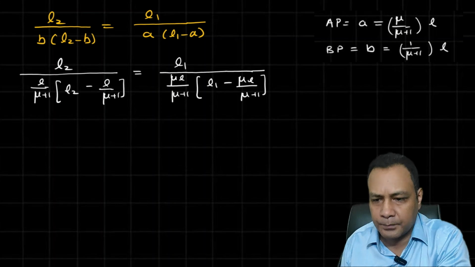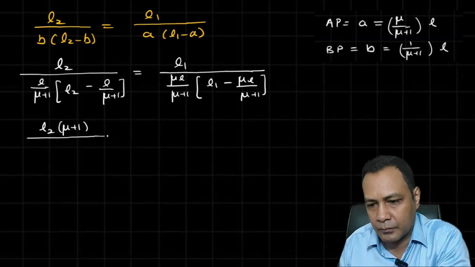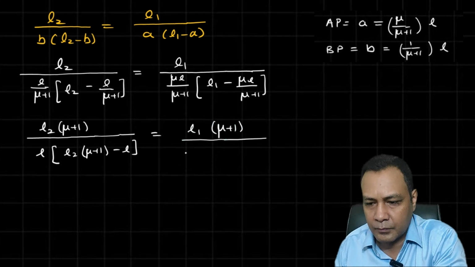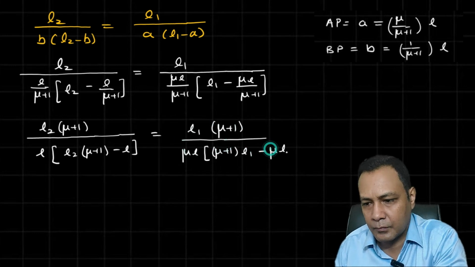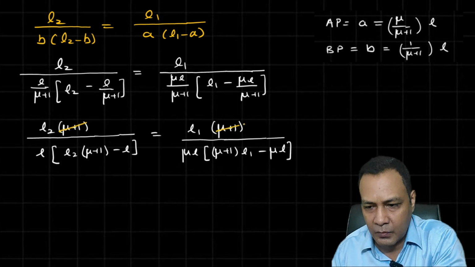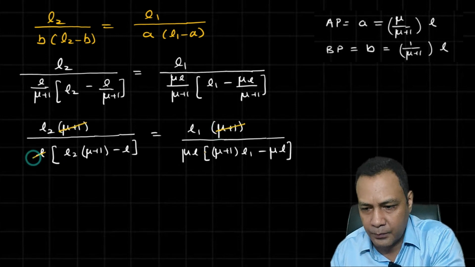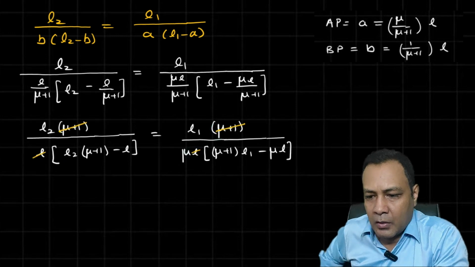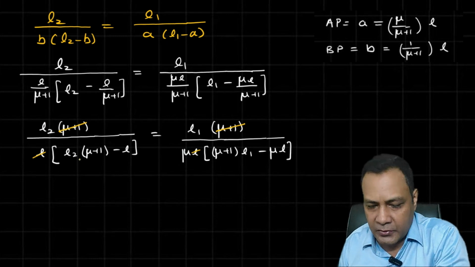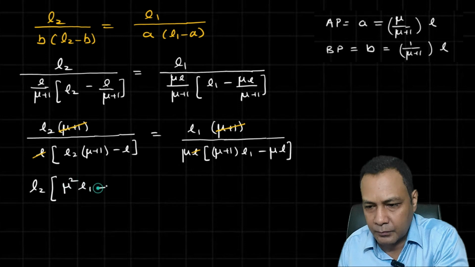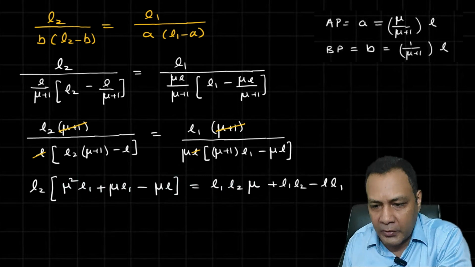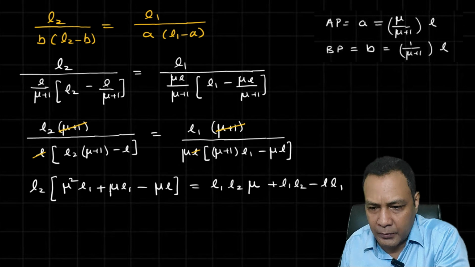Some rearrangements. Now some terms will get cancelled. Now do the cross multiplication, L2 with this and L1 with this. Now take a mu square term common.